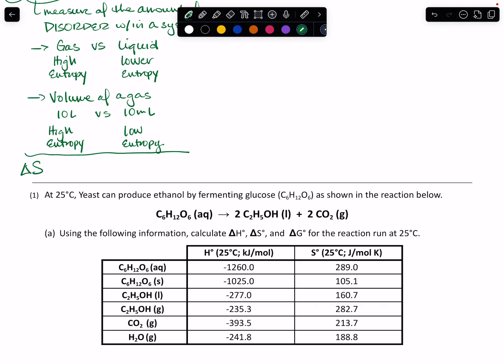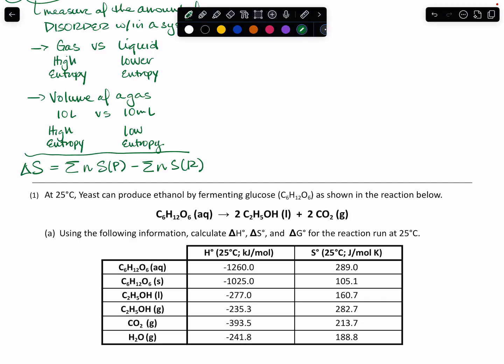And to calculate that for a reaction, you're going to need to use the same idea that we did for enthalpy. You'll need your balanced reaction with those coefficients, and you're going to multiply the entropy of those products by their coefficients and add them up. And then from that, subtract out the entropy of your reactants. So it's going to be a before and after look.